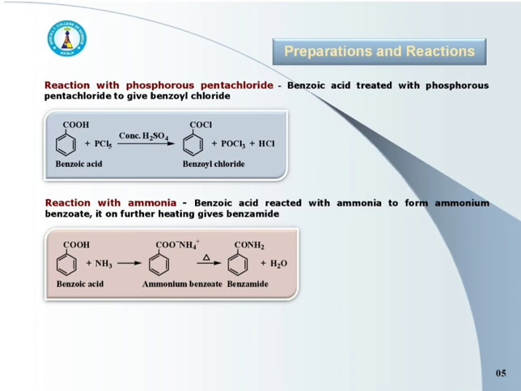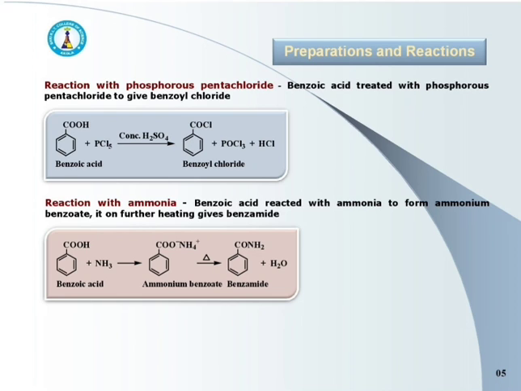Next reaction of benzoic acid is with phosphorus pentachloride. When benzoic acid is treated with phosphorus pentachloride, it gives benzoyl chloride. Benzoic acid plus phosphorus pentachloride gives benzoyl chloride.